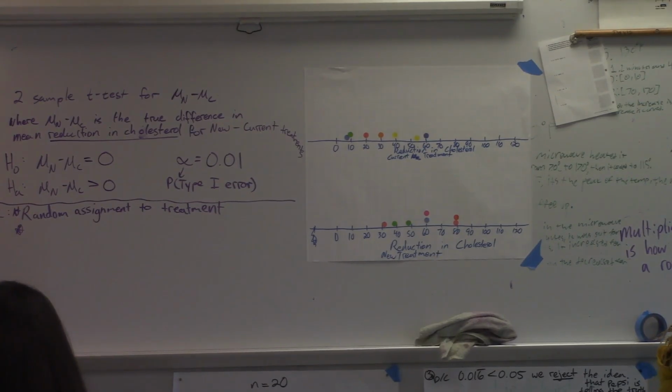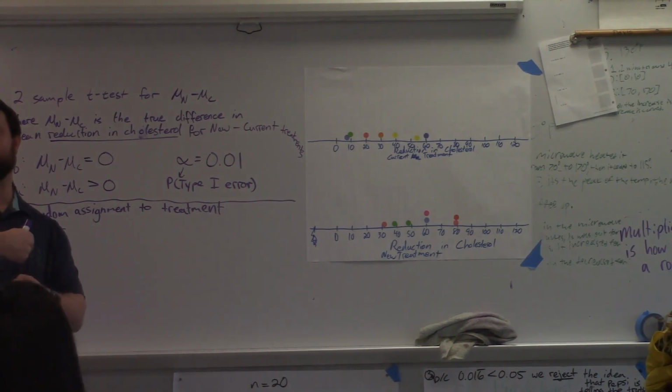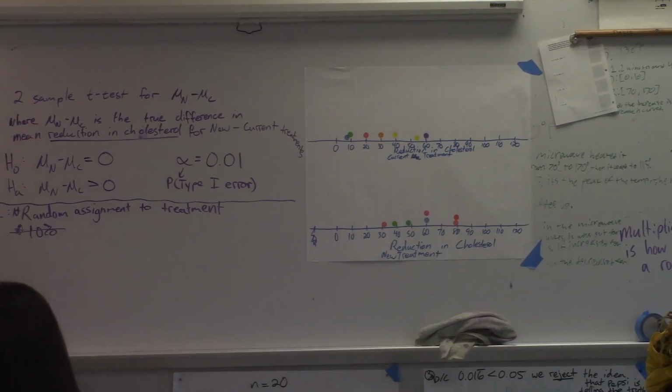10%. Actually, do we need 10% here? This is an experiment. Remember, the 10% condition is when you randomly sample. This was an experiment with assignment, not sampling. There's no random sampling, there's only random assignment.